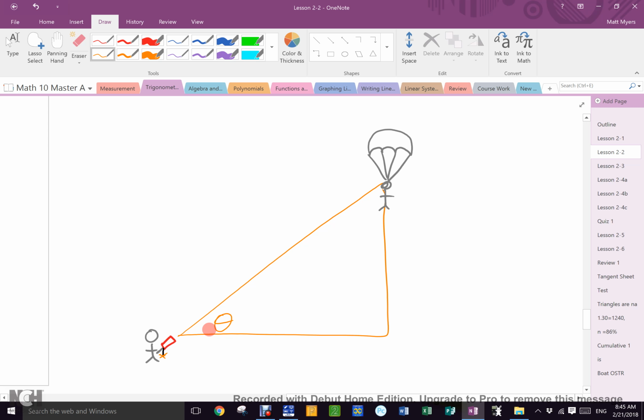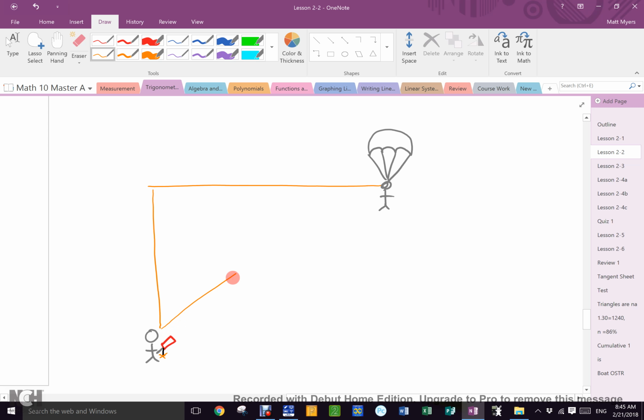That's easy. Now, what do I have looking at Ryan? Do I have an angle of elevation or an angle of depression? Angle of depression. So my eyes are looking out this way and looking down. There's the triangle. Where is my angle of depression? Is it A or B?